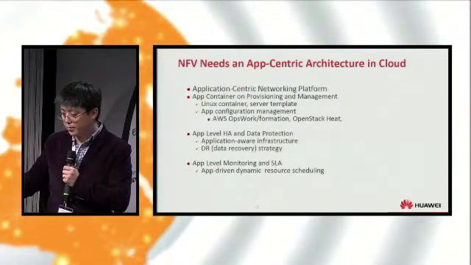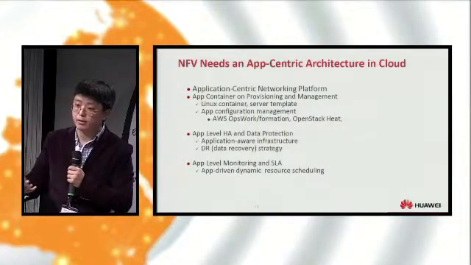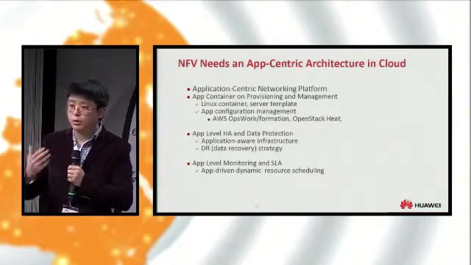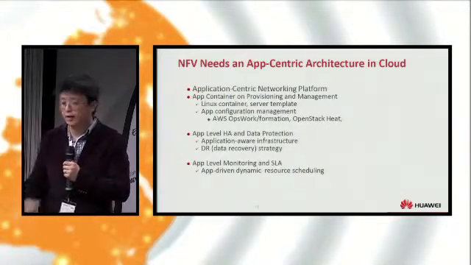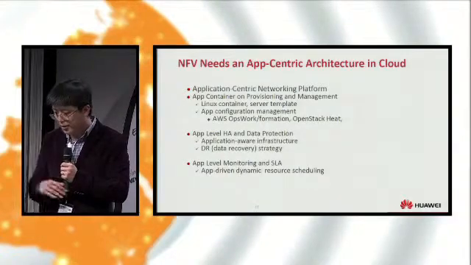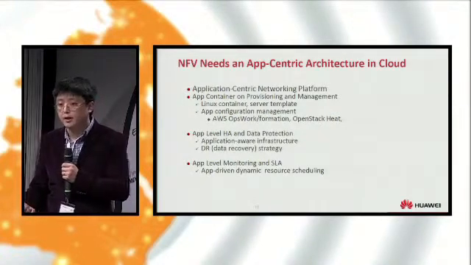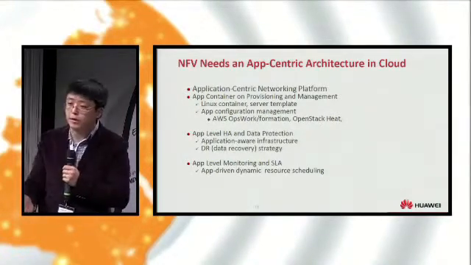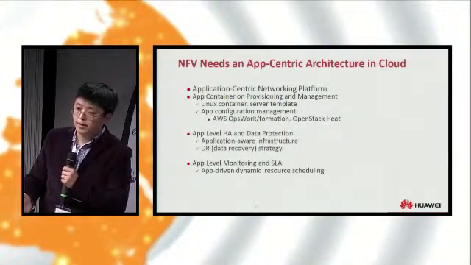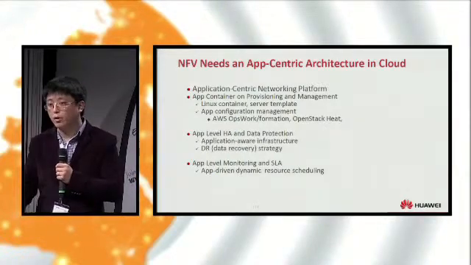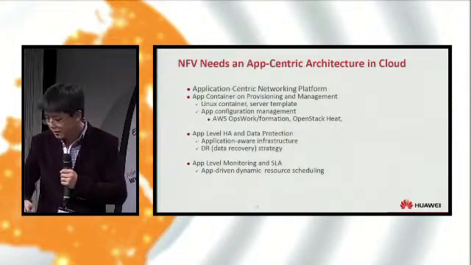As we all know, cloud could fail, and how can you build reliable applications with potential failure in the underlying infrastructure? And application monitoring and SLA guarantee is another topic. It is about when something happens, how can you dig out the root cause? And if something is running, how can you make sure the SLA is met?